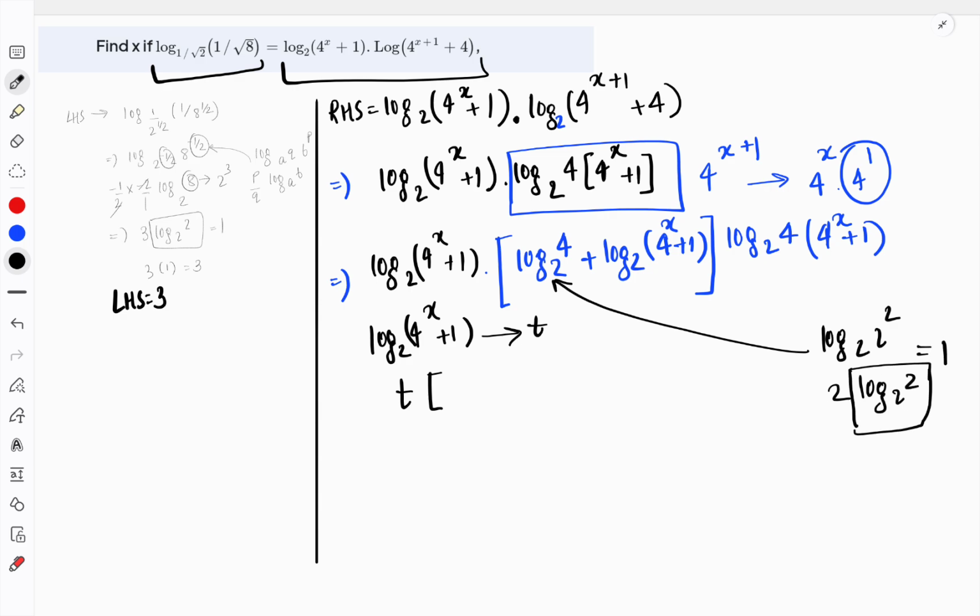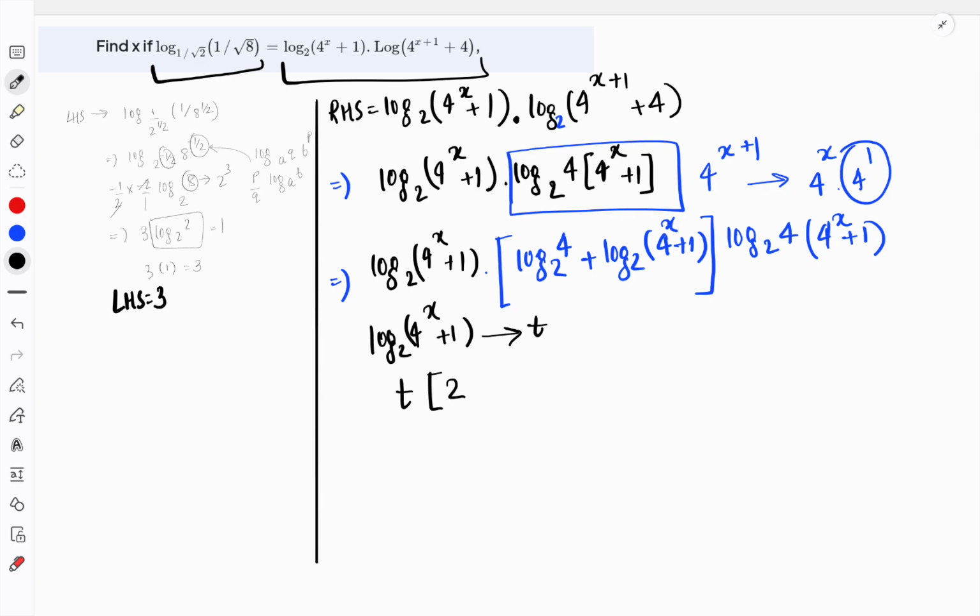This is equal to 1, so I'm just going to write 2 plus t, so t plus 2 plus t. All right, that gives me 2t plus t square. And this is my RHS.